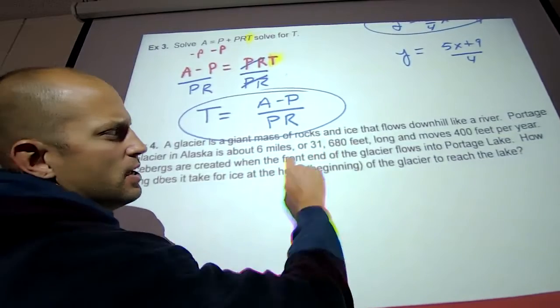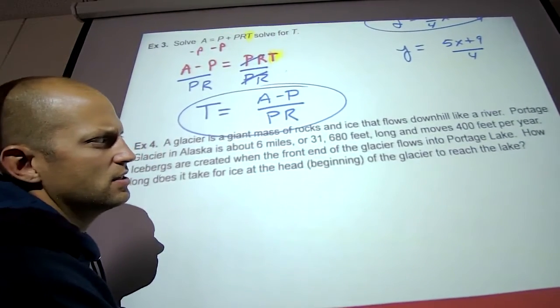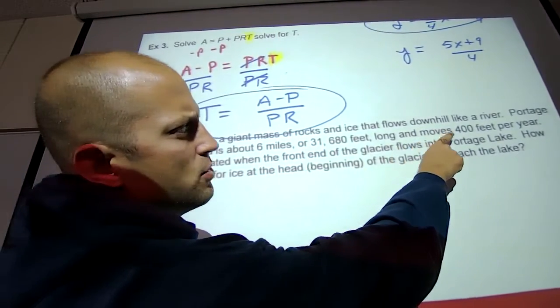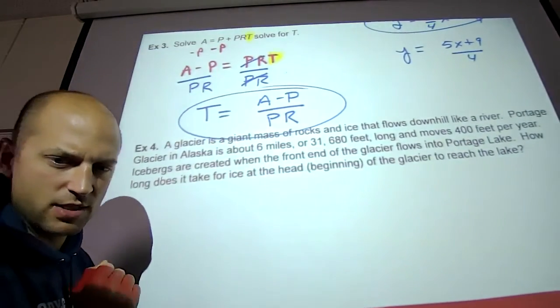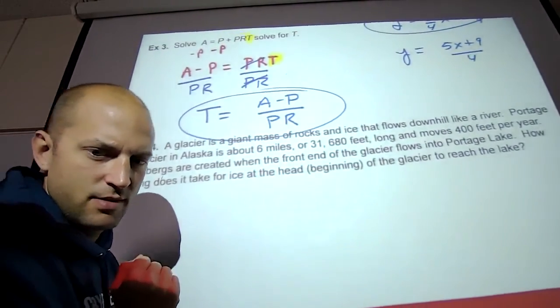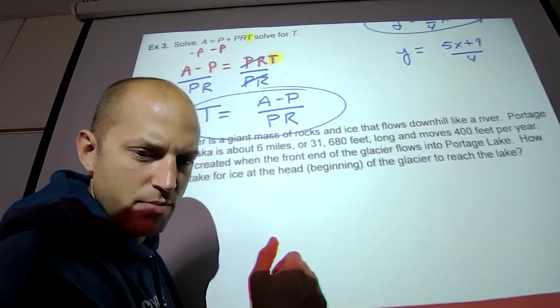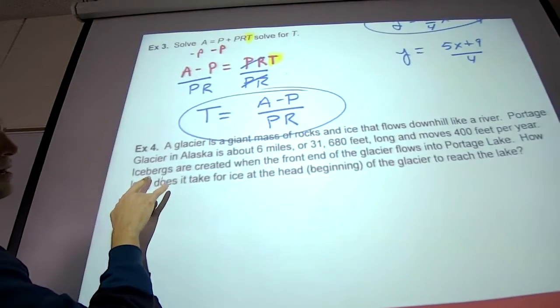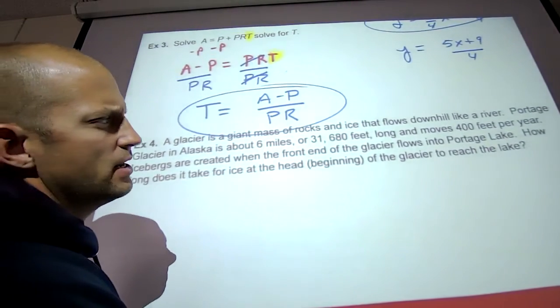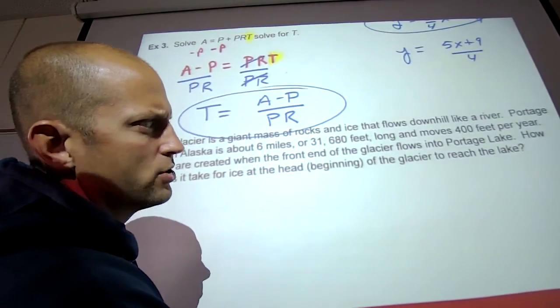It's 31,680 feet long, and it moves 400 feet per year. So every day it just inches a little bit until a whole year passes and it's moved 400 feet. Icebergs are created when the front end of the glacier flows into Portage Lake.